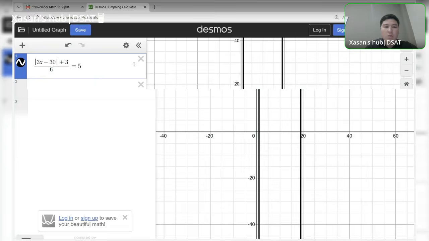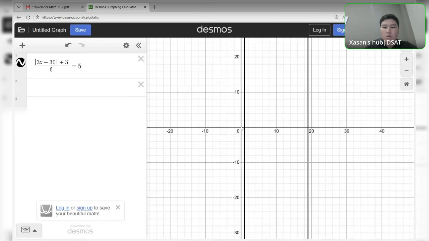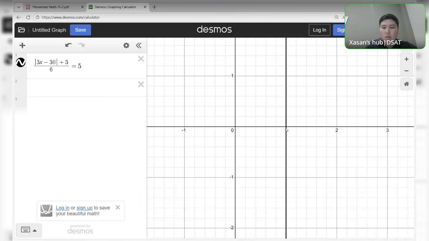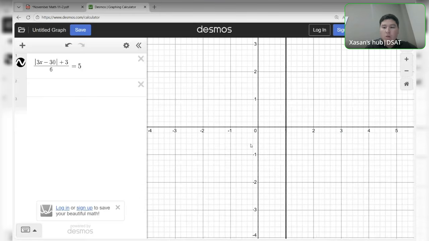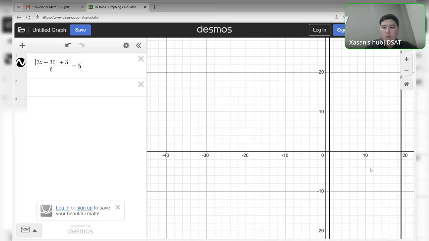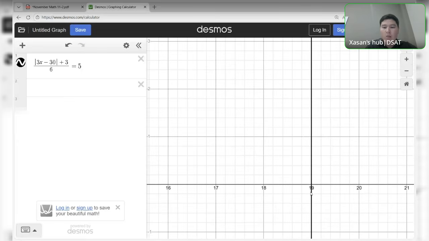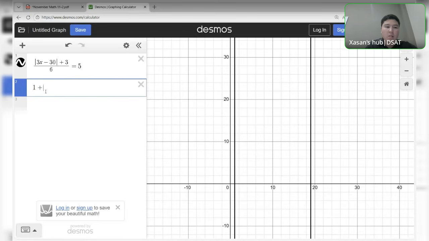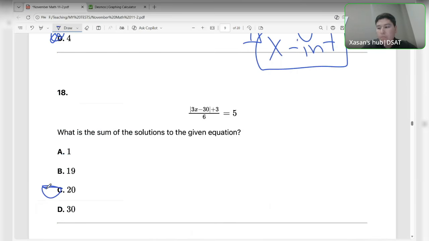The solutions are at 1 when the value of x is 1, and another one is here at 19. Yeah, guys, 1 and 19 are our solutions. So their sum equals 20, and the answer is C.